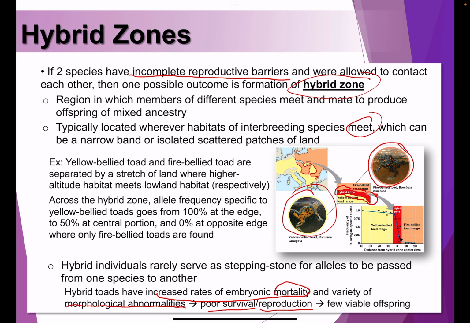So even though the yellow-bellied toad and fire-bellied toad do interbreed and produce hybrids, many of them are not very viable. Okay? They are either not formed completely, they have abnormalities, or they don't survive. So that's why they rarely lead to passing one allele completely off to the other.